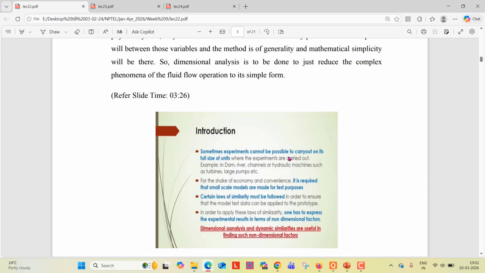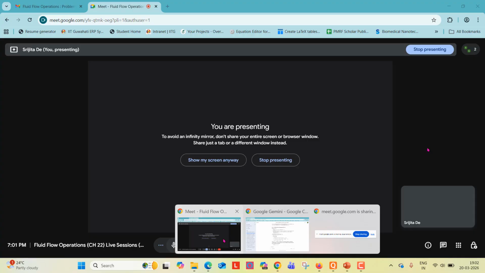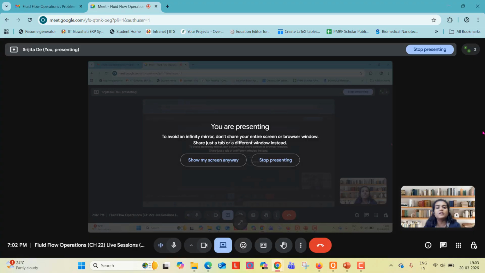Suppose you have some experimental results, but you are not able to do its simulation part or modeling part because that is difficult sometimes. You are not getting any analytical solutions, or you have to solve numerically, which is another set of equations.